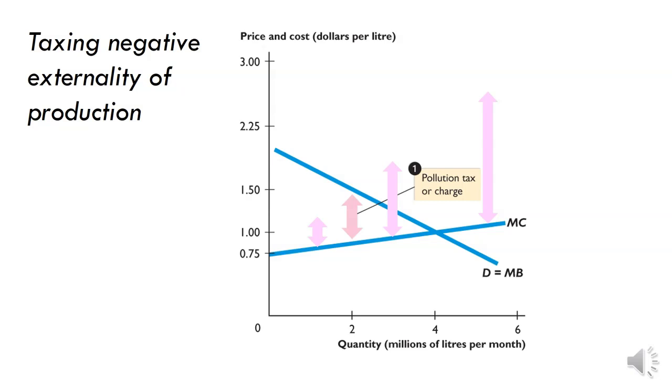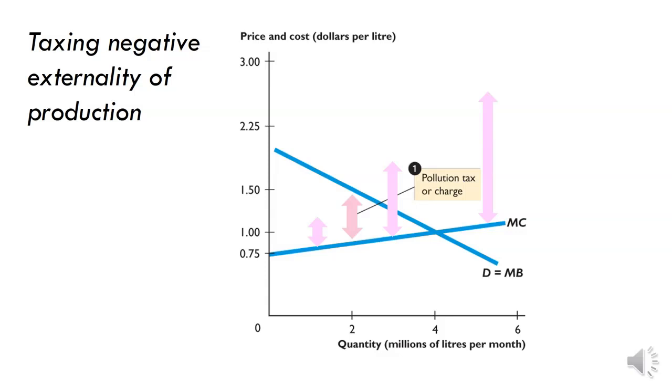What's basically happening here is that the government is saying not only does this firm have to pay the costs of producing the product, whatever it happens to be, the land, labour, capital costs, but in addition to those costs, they also have to pay for the cost borne by other people who are external to the market, and they pay that cost by means of a tax.